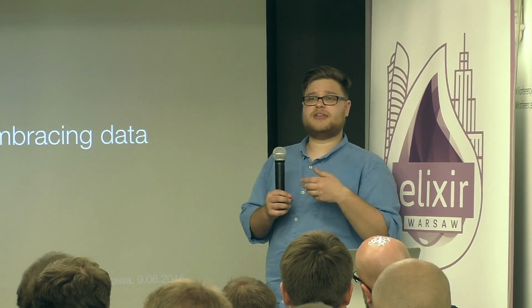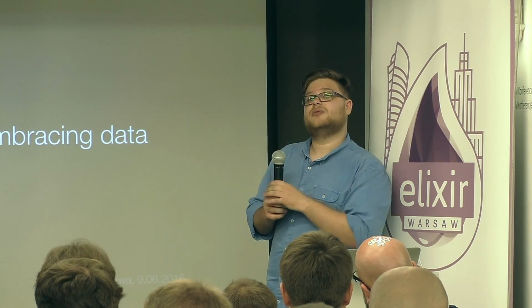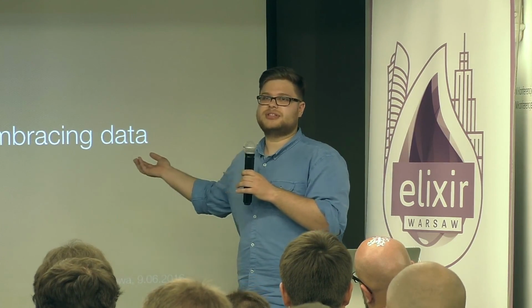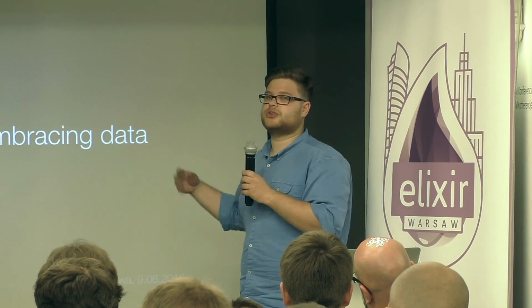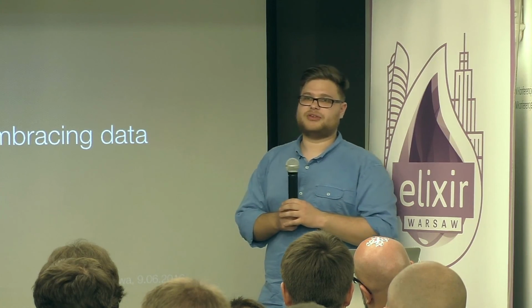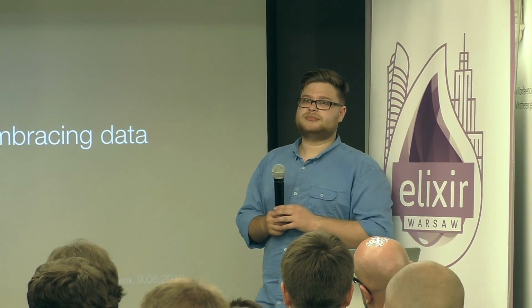And the changeset will have an errors field, which will be a list of all the errors that were added to the changeset from the validations or from the constraints or from other fields. Okay, thank you.